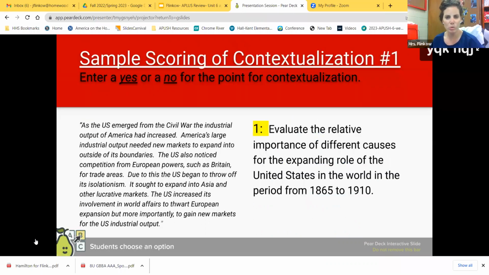All right, let's try this one. If you can enter a yes or a no, and tell me if you think this example earned the contextualization point.